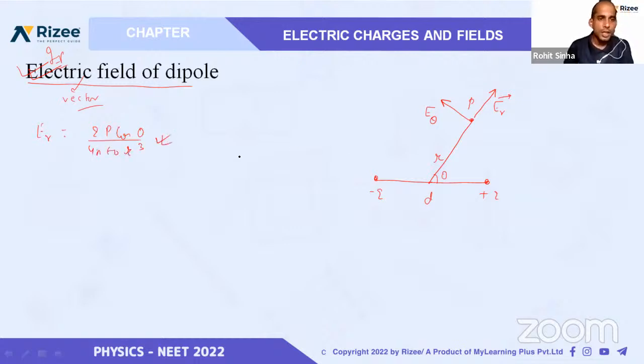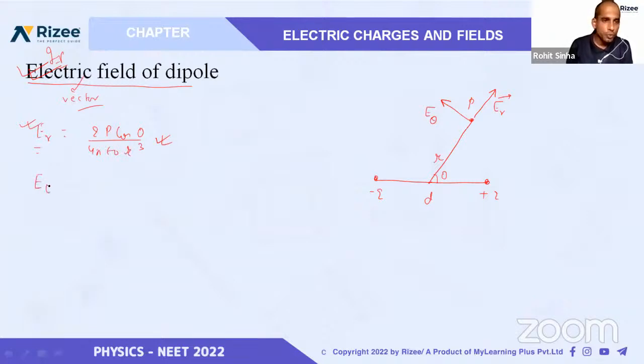This will be the electric field in the r direction. I am skipping the derivation because it is not important for your NEET exam. It is important only for board exam. I will focus on questions and concepts only.